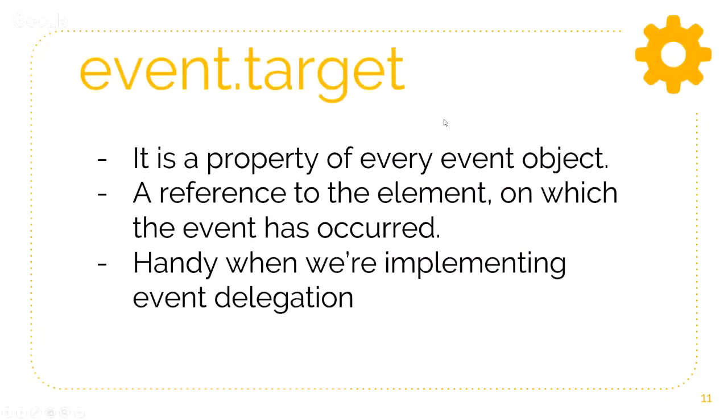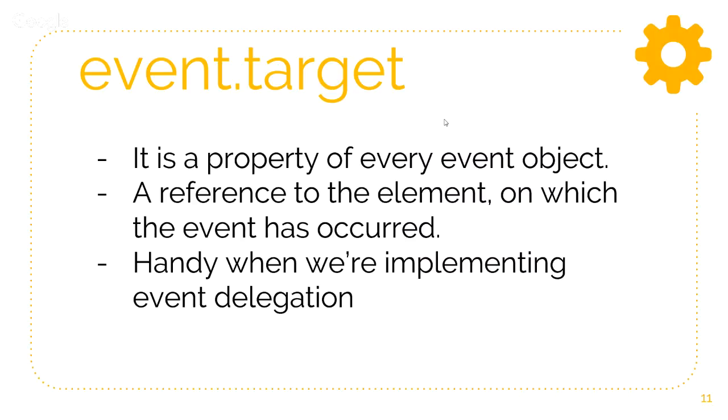Now, let's discuss the target property that every event object has. What's unique about this property is that it stores a reference to the element where the event had occurred. This is very handy because we don't have to use any DOM selection methods like get elements by class name or query selector or get element by ID or any other one.